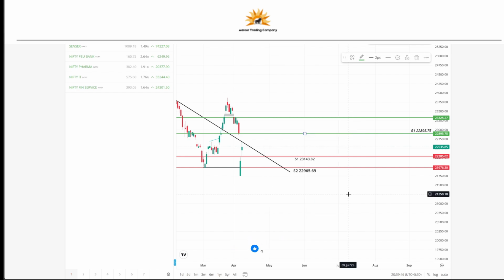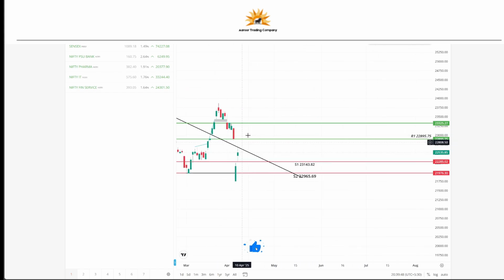This may act as an important resistance level R1, but we need to see where the supply is. Let's mark the resistance and support first, and then we can go for those things.